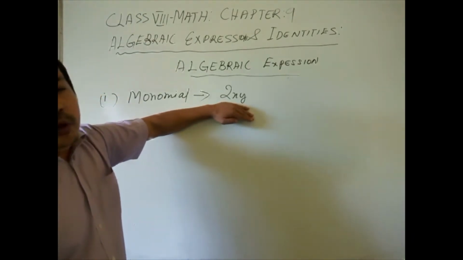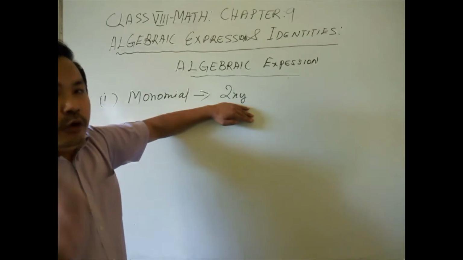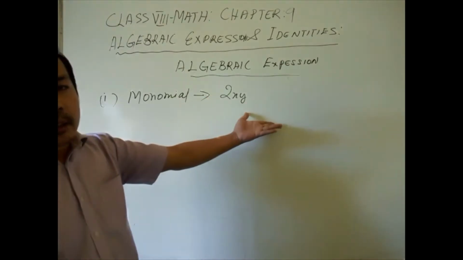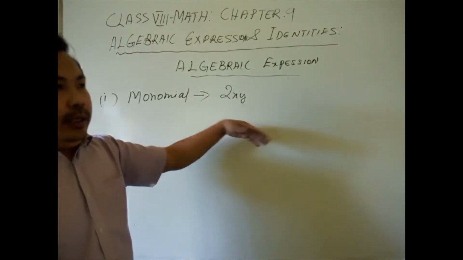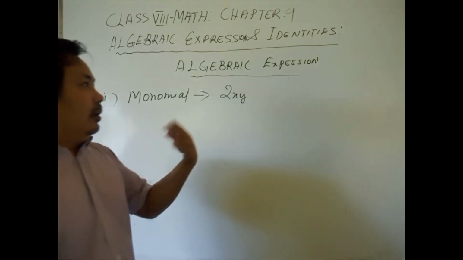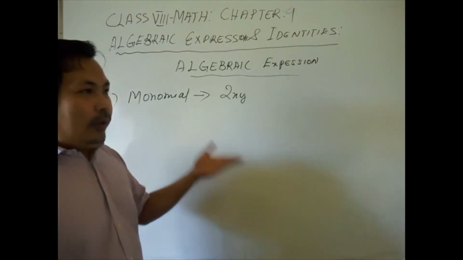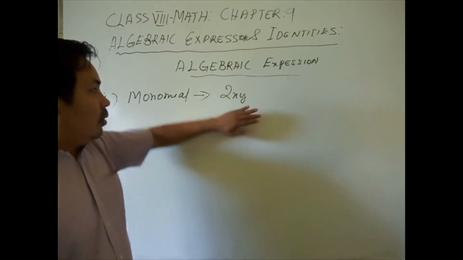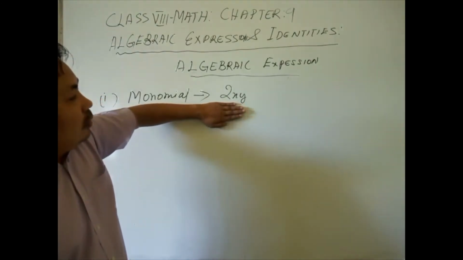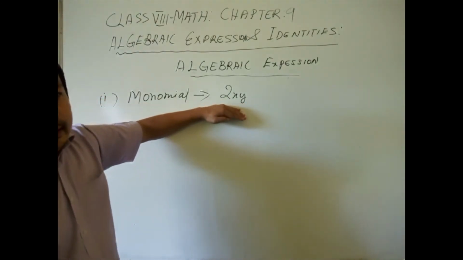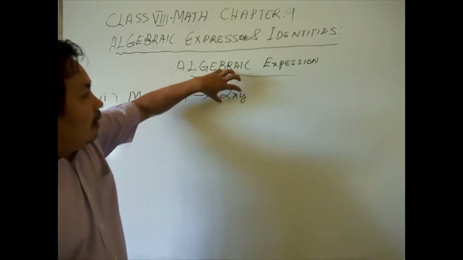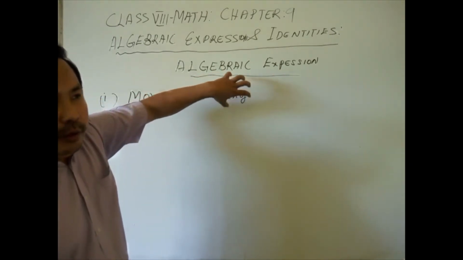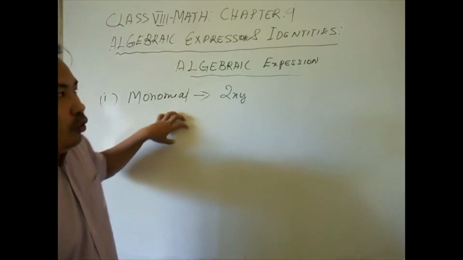For example, 2xy is called a monomial because there are no other terms. Both of these together are called one term. If you find only one term is there, then it's called a monomial.